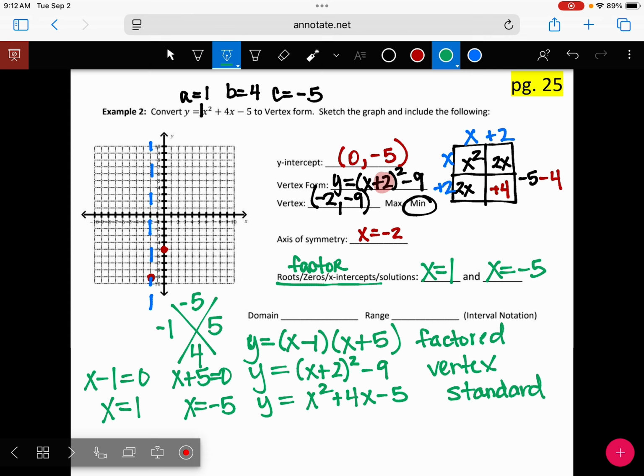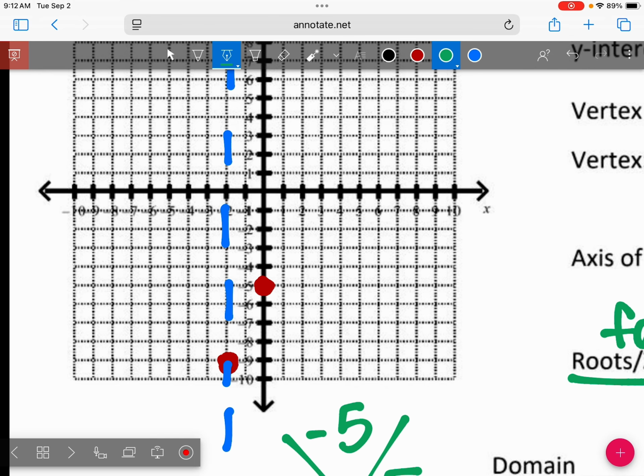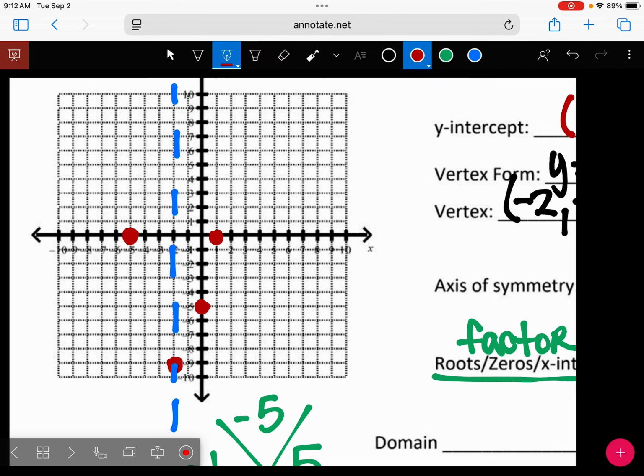So now we're going to go to our graph. And on the x-axis, I want you to put a point at +1 and a point at -5. So I'm going to zoom in. +1, -5. So now we have enough to sketch it.